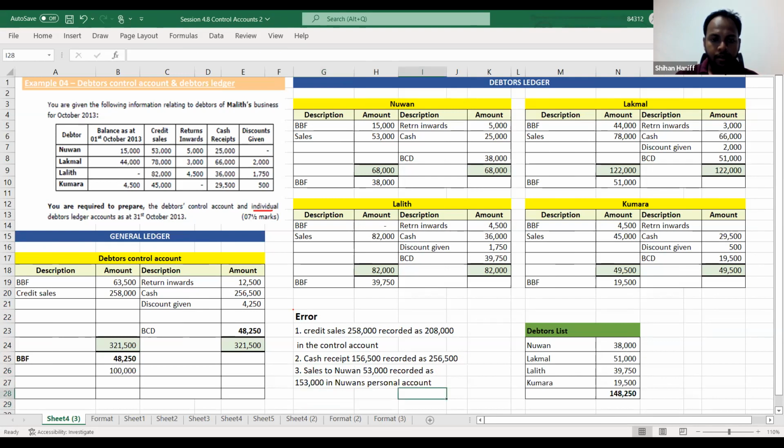Sales to Nuan 53,000 recorded as 153,000 in Nuan's account.